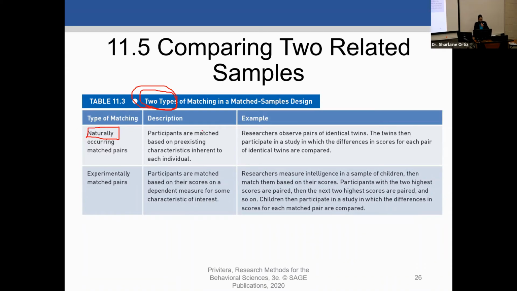What I mean by naturally occurring is that, as a researcher, you match participants based on the pre-existing characteristics that are inherent to each individual among all the volunteers in your research.